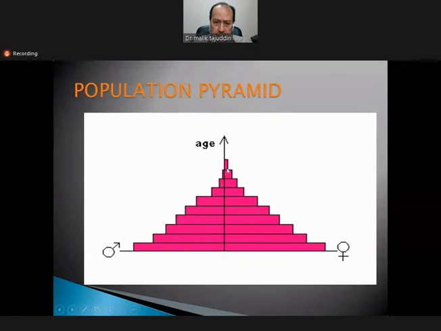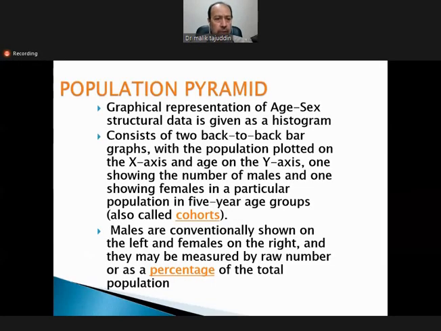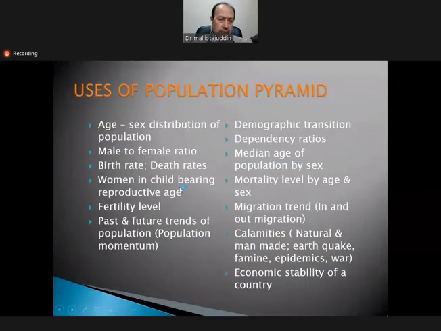So this age group of females is the fertile group of females. The fertility age group of the males is slightly different, but that doesn't especially matter, because what matters is the number of fertile women present in any society. So from here you can find out the women who are in the childbearing or reproductive age.